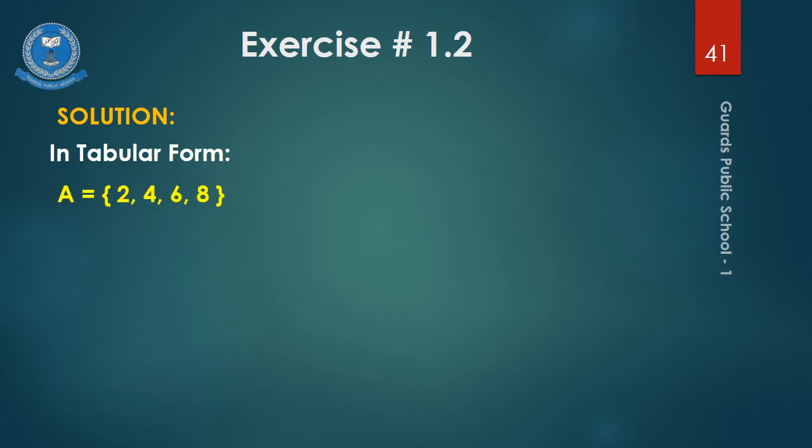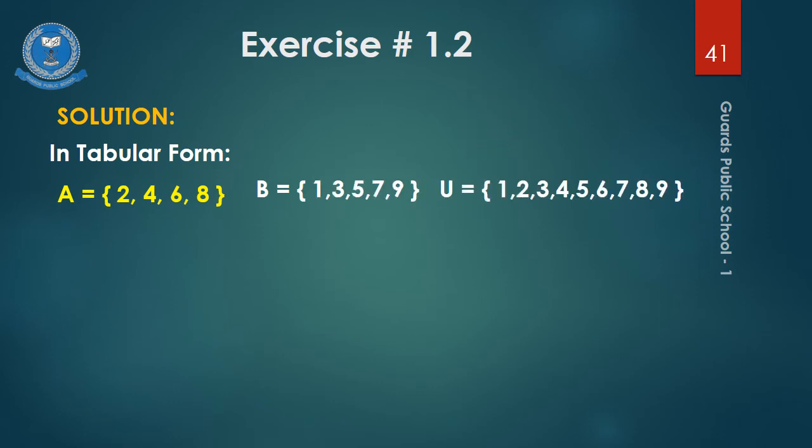Set B is positive odd integers less than 10. Positive numbers start from 1 and odd numbers are 1, 3, 5, 7 and 9. The universal set is all positive integers less than 10, which means we will mention all the numbers from 1 till 9.